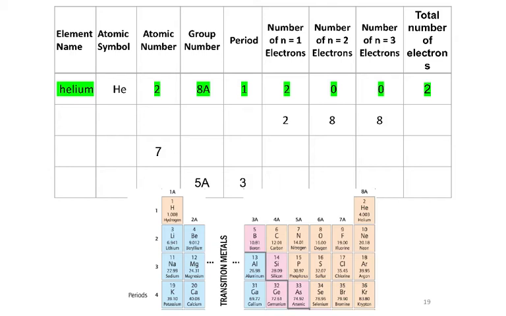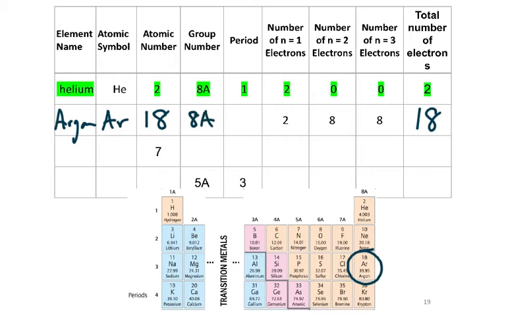All right, so from here, there's a couple approaches. One might be to look at the total number of electrons, which is 2 plus 8 plus 8. So we're looking at 18 total electrons. And that means if it's neutral, we also have atomic number 18 for 18 protons. And so it's argon. And argon is in 8A group and period 3.